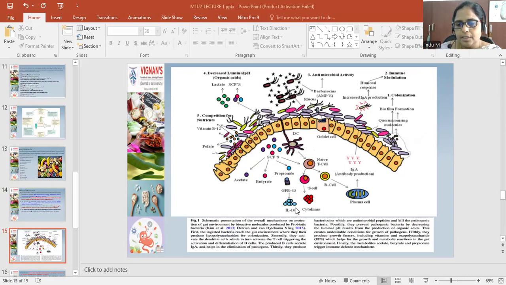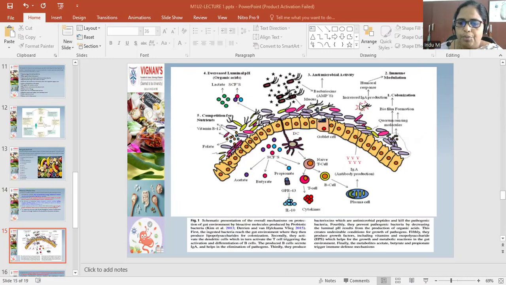The T cell starts producing T helper cells and T cytotoxic cells. These cells produce cytokines and eliminate the pathogen molecules. And in another way, they activate the B cells, and these plasma cells start producing immunoglobulins. Those immunoglobulins neutralize the pathogens.